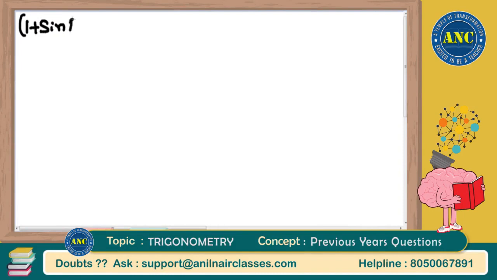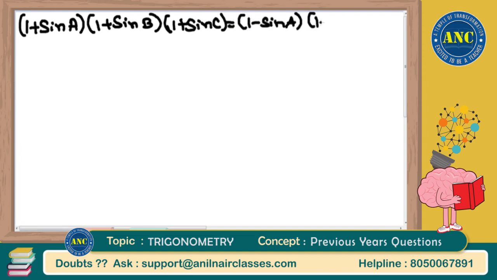Suppose your question says that (1 plus sin A)(1 plus sin B)(1 plus sin C) is absolutely equal to (1 minus sin A)(1 minus sin B)(1 minus sin C). Now these two values are equal.